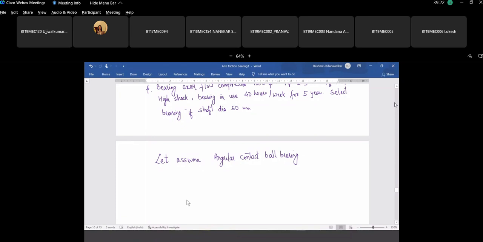So give me the life in revolutions. For one per week, it is having 40 hours. Per week. In a year, how many weeks? 52 weeks in 1 year. And this is rotating for how many years?